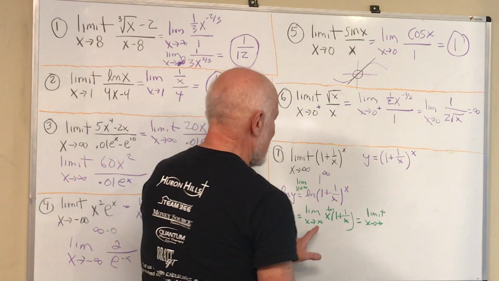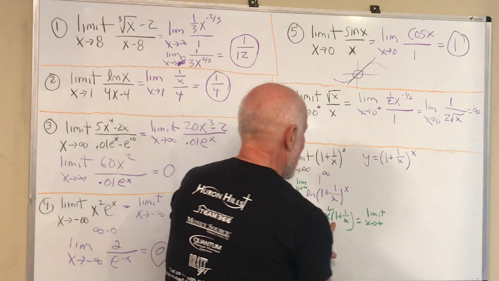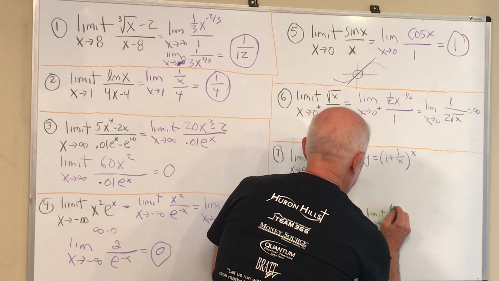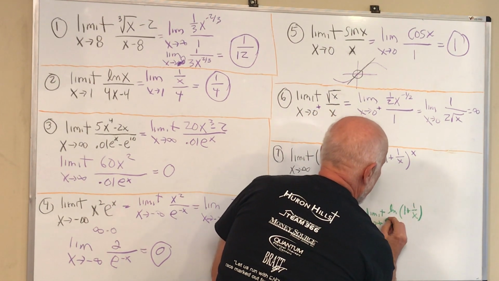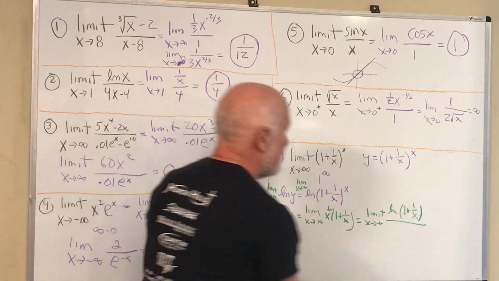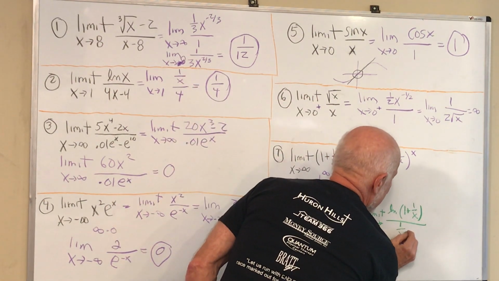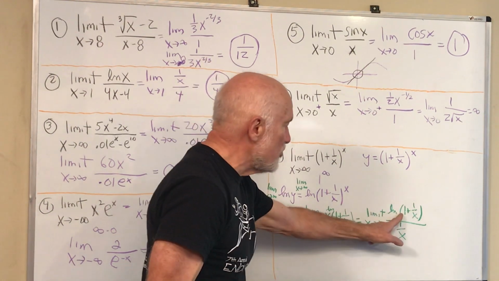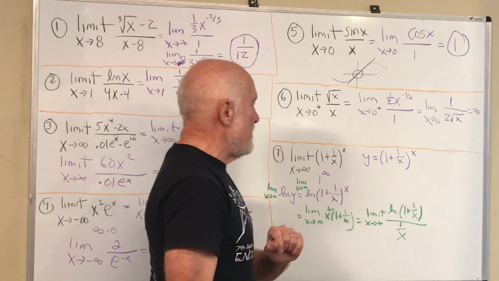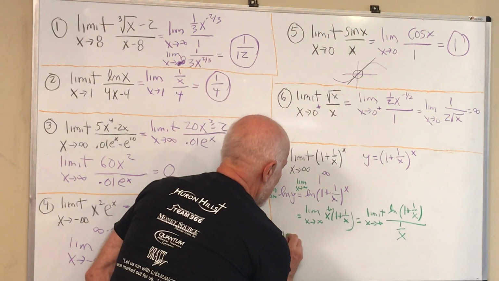So I'm going to do this and rewrite this as the natural log of 1 plus 1 over x divided by, instead of times x, divided by 1 over x. Now we get the natural log of 1, or really close to it, so 0 divided by 0. Now we can do L'Hopital.